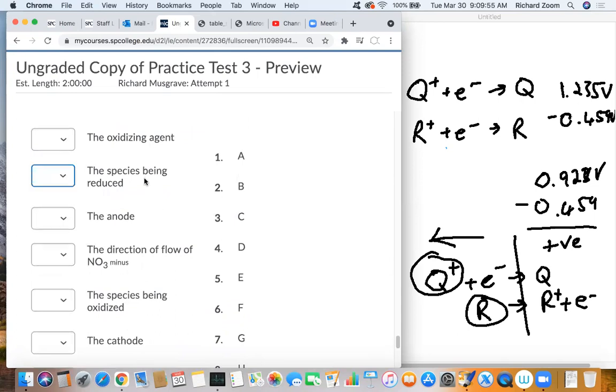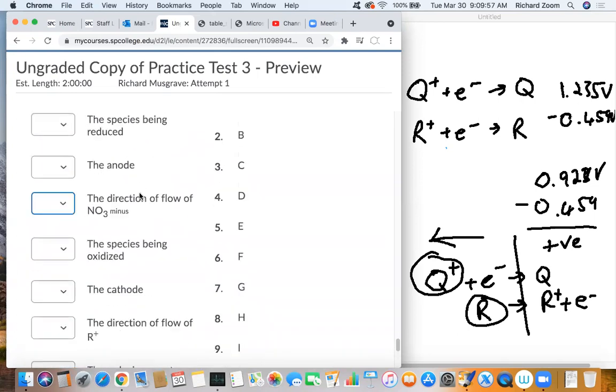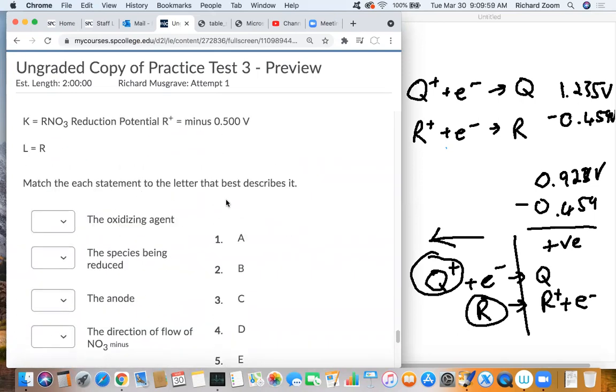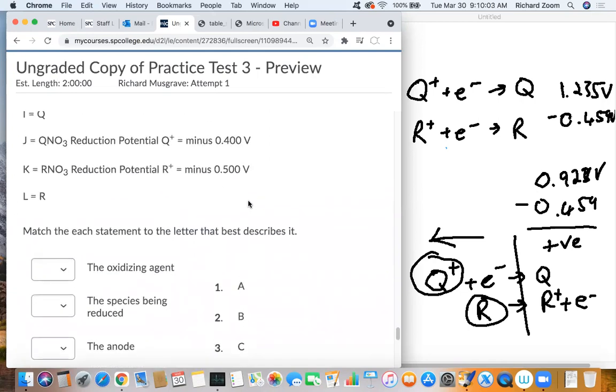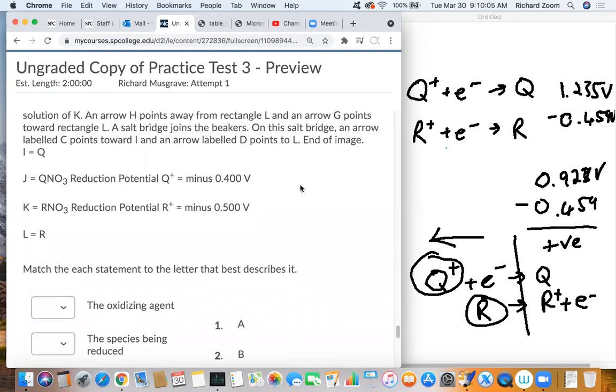What's going to change is the order of these guys down here, so that won't be a constant thing. But you're being asked the same kinds of questions, and you'll set this up exactly the same way as we set up what we just did.